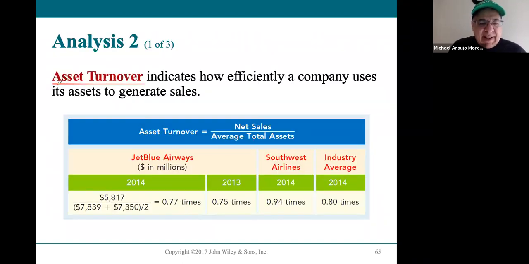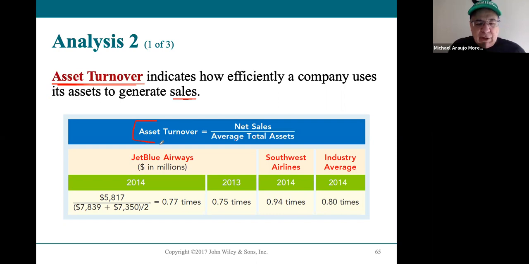The reason you have assets is to sell. So asset turnover looks at, are you using your assets to generate sales? Okay, because that's why you have all those buildings, equipment, etc. You want to use them to sell stuff. Asset turnover is calculated by looking at the net sales, comparing that with the same number we looked at before, the average total assets.